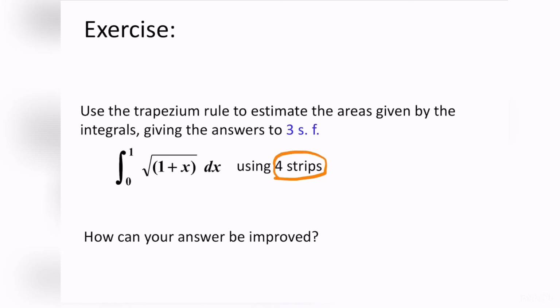So n equals 4, and the limits are 0 and 1, so a equals 0 and b equals 1, and h equals b minus a divided by n. That's 1 minus 0 divided by 4, which is 1 over 4. So h here is 1 over 4.